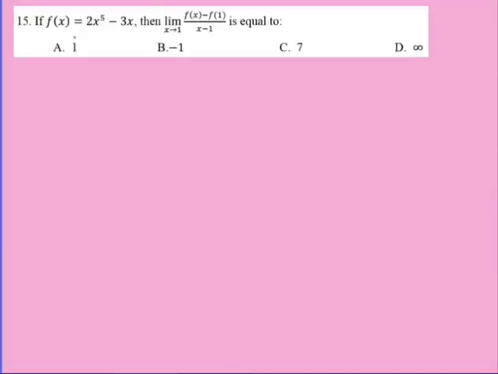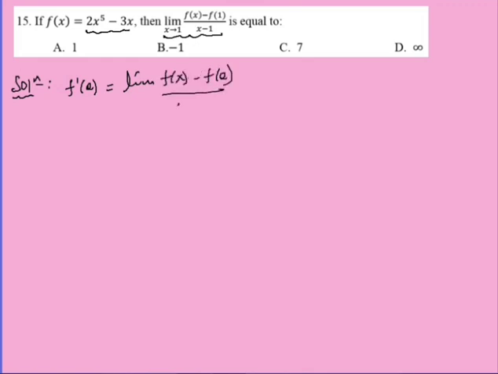If f of x is 2x to the power of 5 minus 3x, then what is the value of this limit? Here we need to know the definition of the derivative. The derivative of f at a is equal to the limit of f of x minus f of a over x minus a as x approaches a.